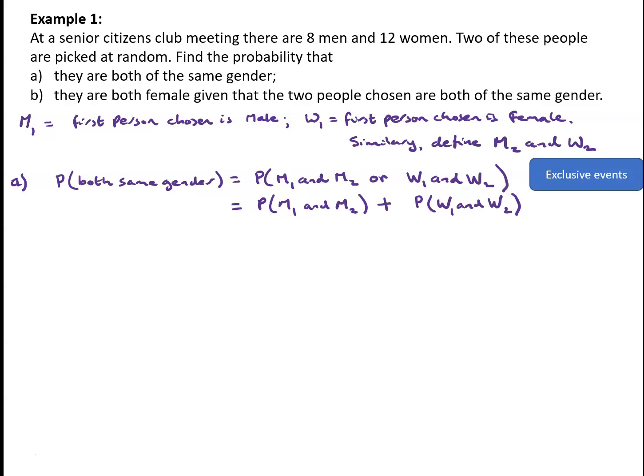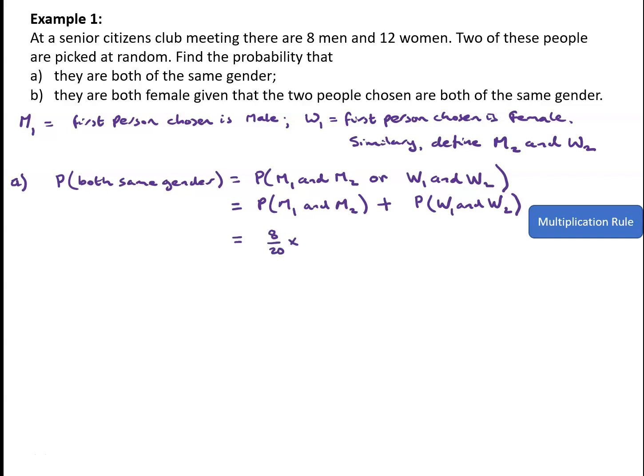And the multiplication rule for probabilities is going to tell me the probability of a man first and a man second is 8 over 20 times 7 over 19. Similarly, the probability of getting a woman first and a woman second is going to be 12 out of 20 times 11 over 19. And that simplifies to 47 over 95.